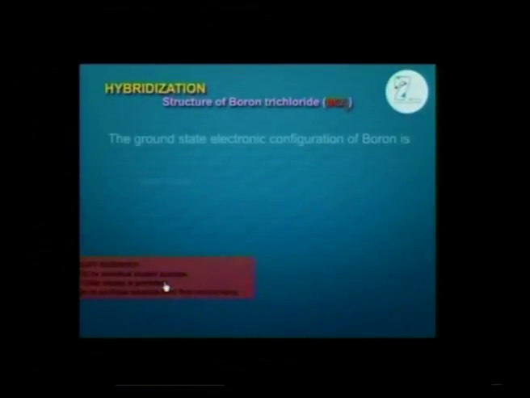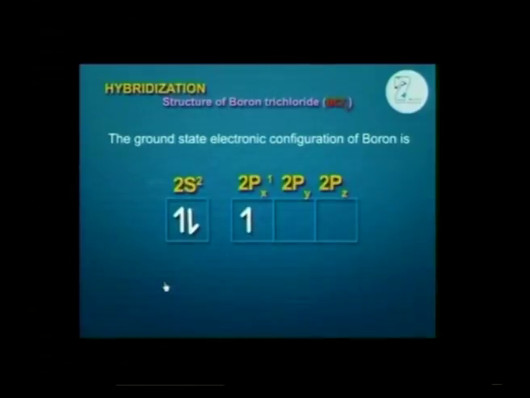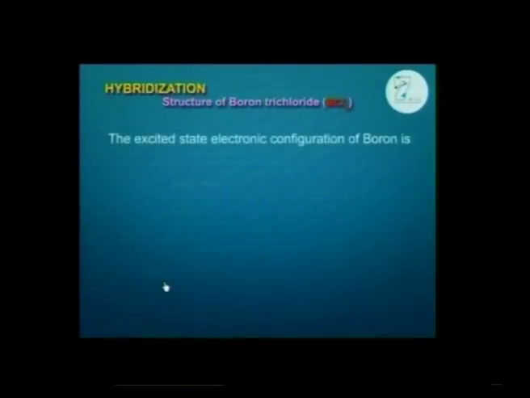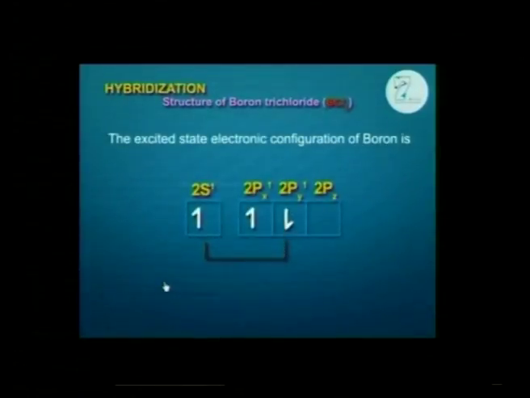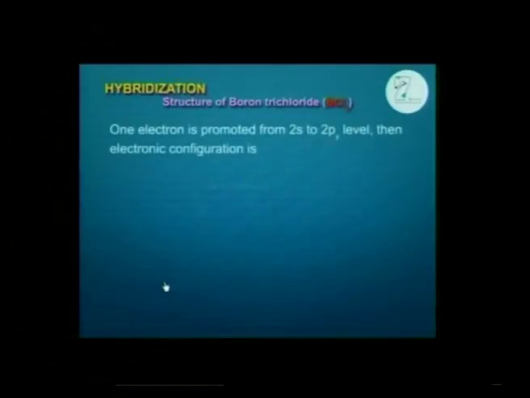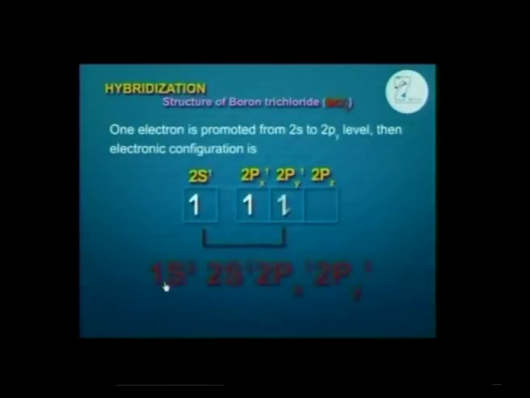And observe this hybridization. The ground state electronic configuration of boron is 2s2, 2px1. In the excited state the electronic configuration of boron is 2s1, 2px1, 2py1. One electron is promoted from 2s to the 2py level.